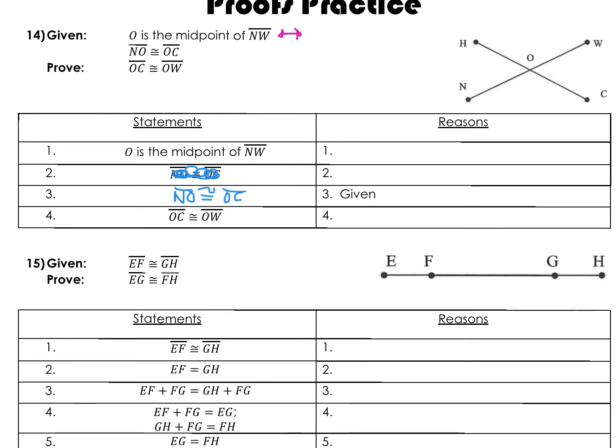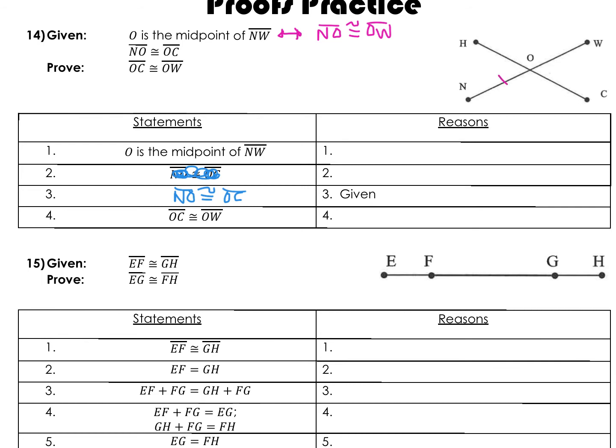So then if O is a midpoint of NW, we can conclude that NO is congruent, because they're using all congruencies down here, so we're going to use congruencies as well, is congruent to not WO but OW, because that is what is being used in the proof statement right here. So I used NO because that was what was being used here, and I used OW because that was what was being used here.